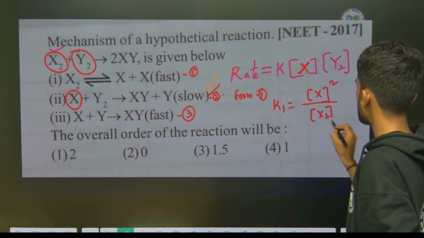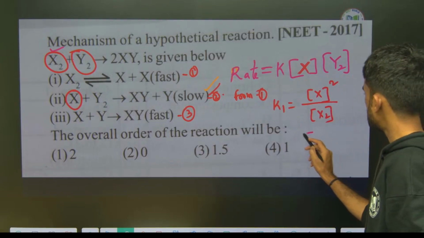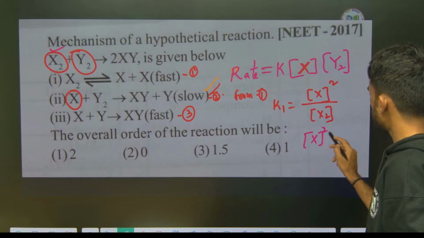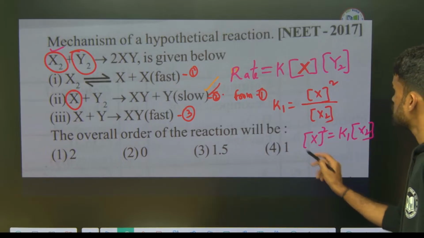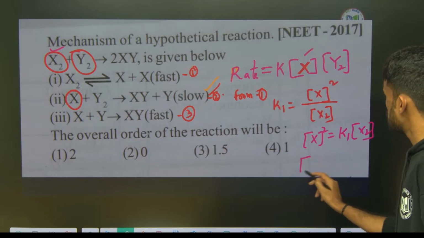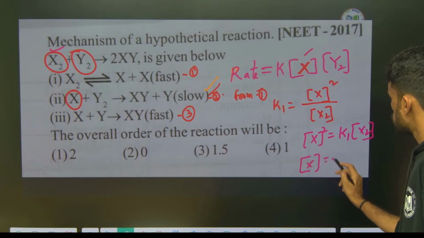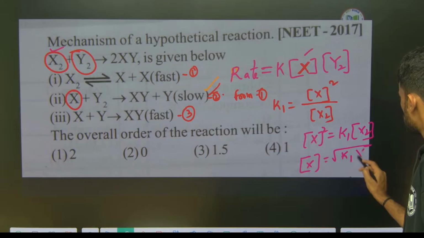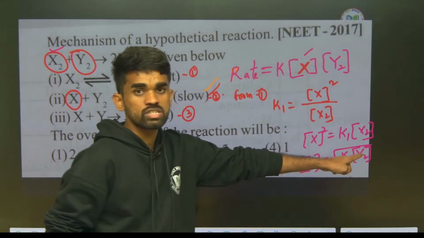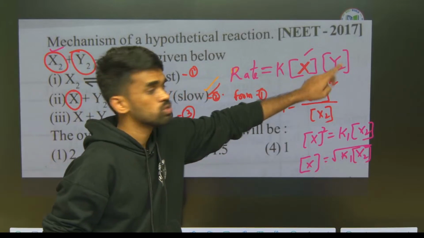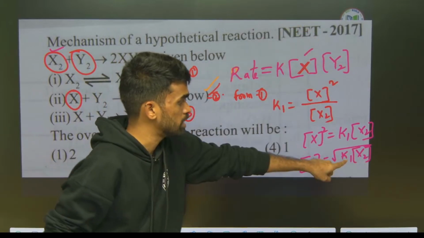So X square will be written as K1 into X2. So from this I want only X, it means X equals root over K1 into X2. So I got an equation in terms of reactant X2 and this is already Y2. So just replace this X by this equation.